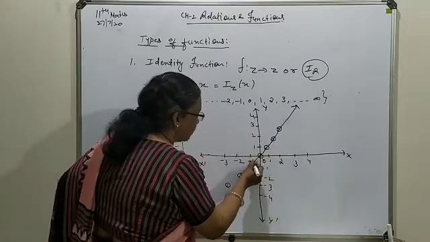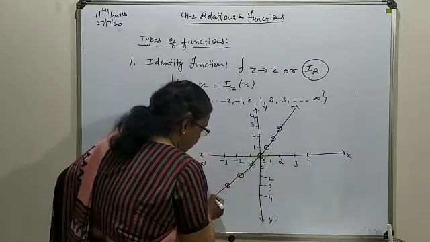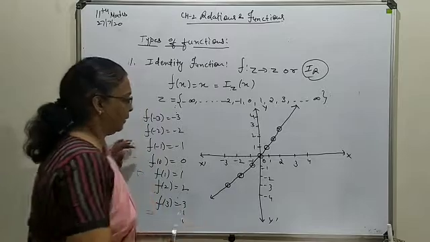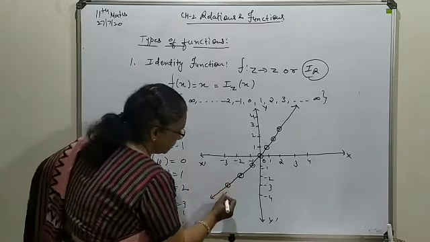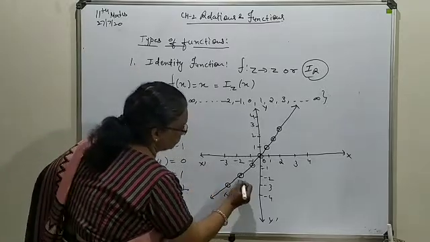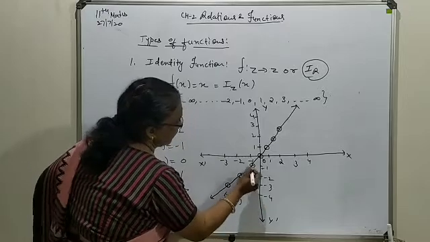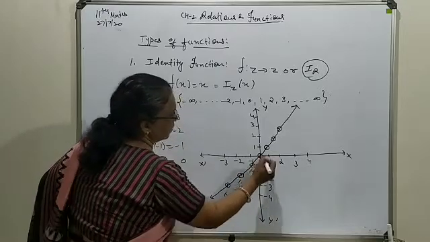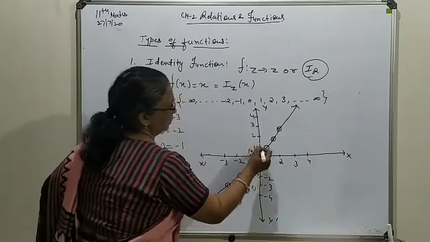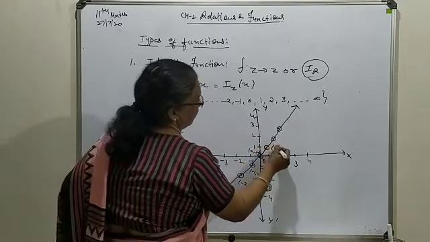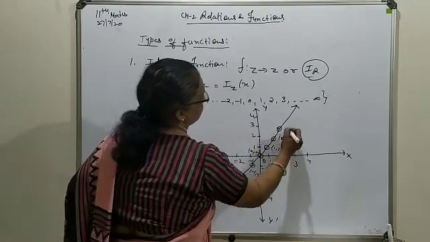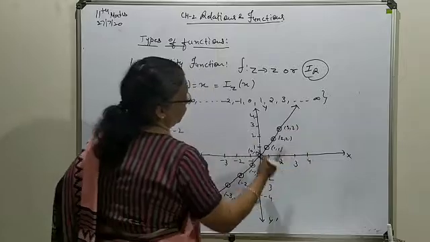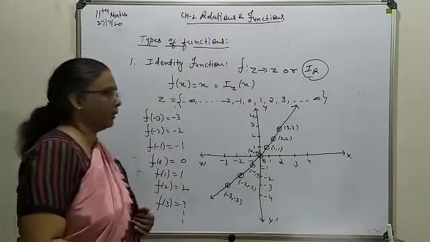Everywhere you will find the same format in the case of the identity function. You can locate particular points here. This is 0, 0. This is 1, 1, 2, 2. Like that, all the points are to be located on the graph.